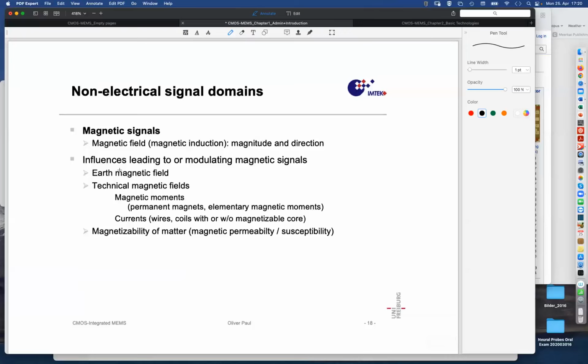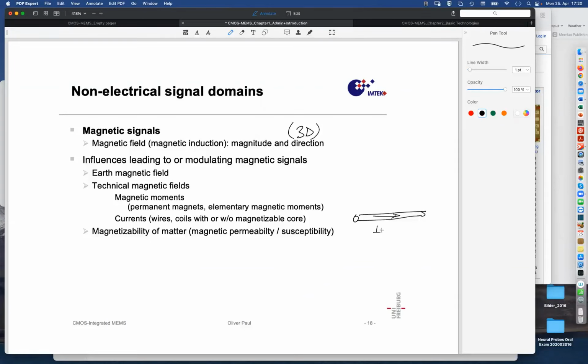Magnetic signals, the magnetic field, its magnitude, its direction, 3D direction, if possible, is of interest. And of course, there are influences that cause these magnetic signals: the Earth magnetic field, I said, technical magnetic fields, currents. A current is a source of magnetic field, as you know.